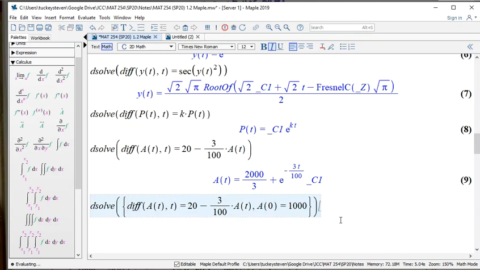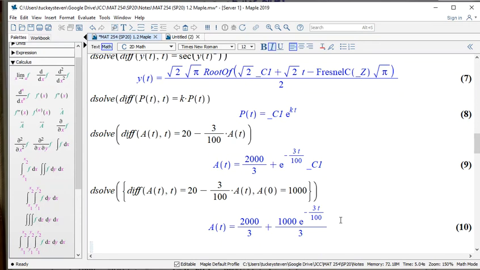And sure enough, Maple says, I can do that. And notice, the only difference, it's still got 2,000 over 3, it's still got e to the negative 3t over 100, but now I know that C1 is equal to 1,000 over 3. So on my paper, I know how part B works, right?